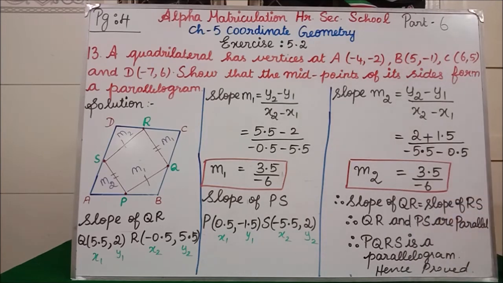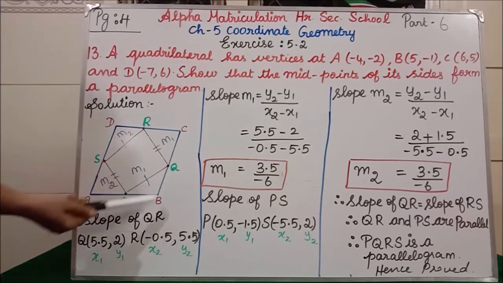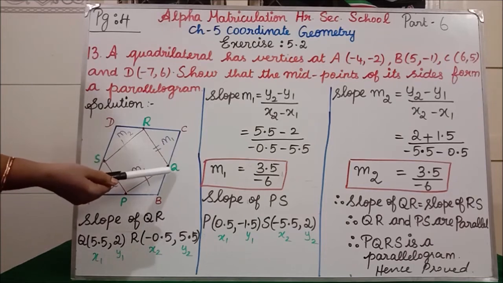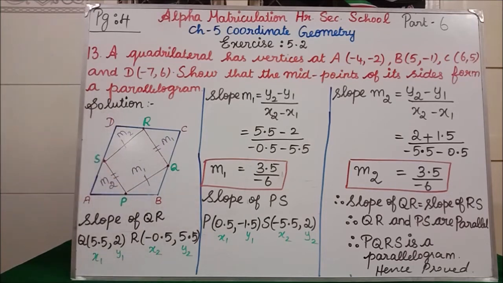Therefore, we can conclude that PQRS is a parallelogram. Clear? How are we saying this? See, PQ is equal to RS, we have proved on page number 3. Next, another thing we have proved, QR is equal to SP, and PQ is parallel to RS, and similarly QR is parallel to PS, we have proved.